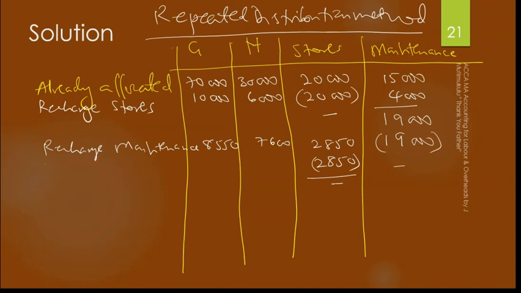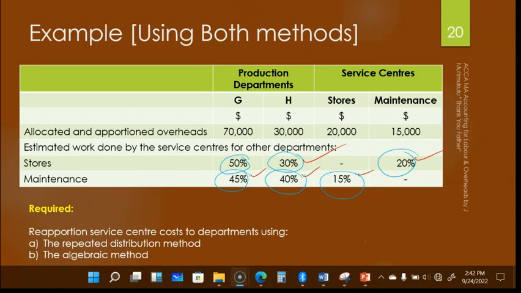And what is the principle? The principle is very clear. We can see there that the stores offers 50% of the services to G, 30% to H, and 20% to the maintenance.